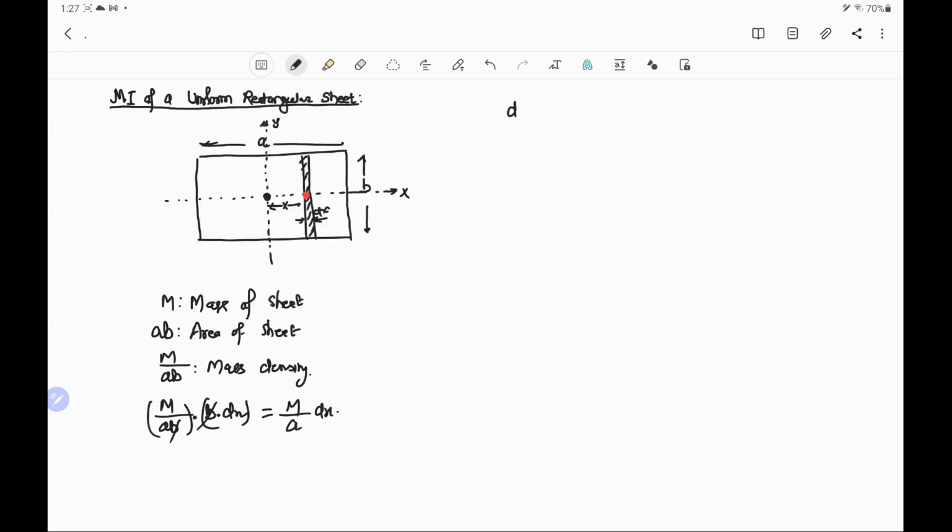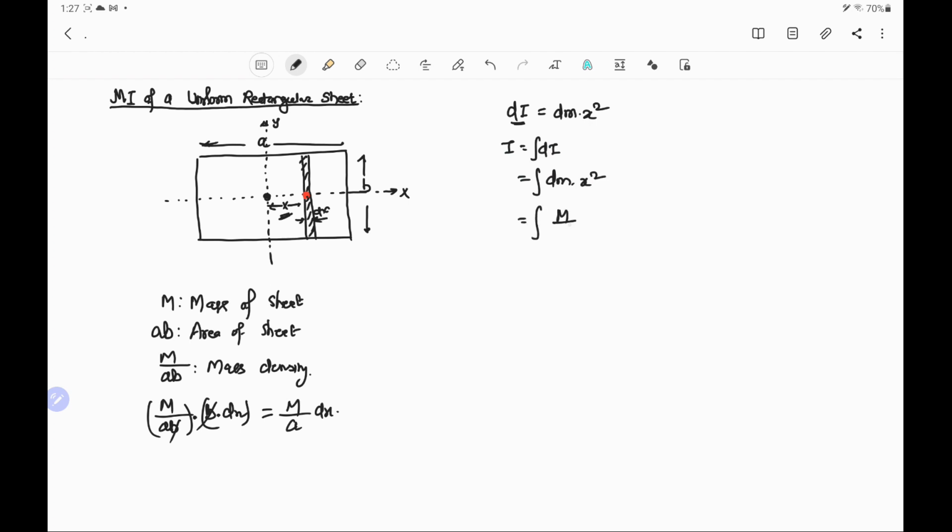We apply the formula of moment of inertia: the elementary moment of inertia will be dm, the mass of the strip focused at this point, times the perpendicular distance of this point from the axis of rotation, which is x, so x square. Therefore the moment of inertia will be the integral of dI, which is dm into x square.